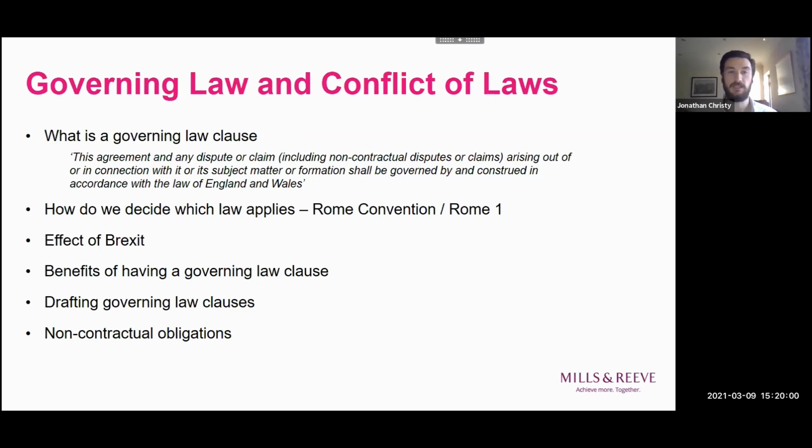And then, one further consideration is non-contractual obligations. When you make the choice of governing law, it's very important that non-contractual obligations are also considered. Non-contractual obligations being misrepresentation or negligence, these are claims related to the contract, but not contractual causes of action.